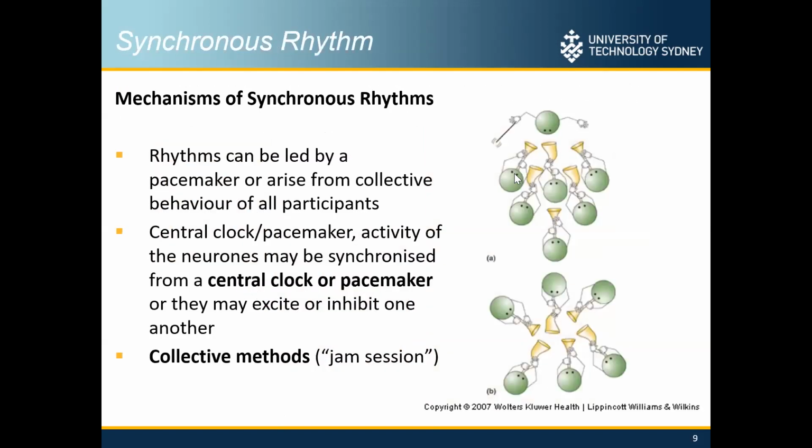So the basis of the synchronous rhythm is the fact that we do have a central clock and a pacemaker within our nervous system that allows for neurons to fire at the same time. Okay, and in this case, you have the structure called the thalamus that is responsible for that.